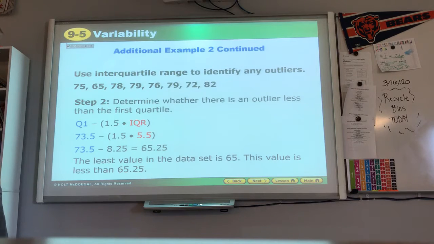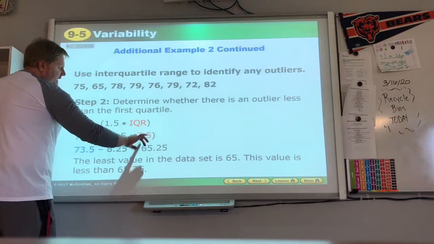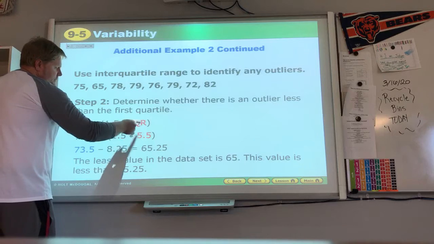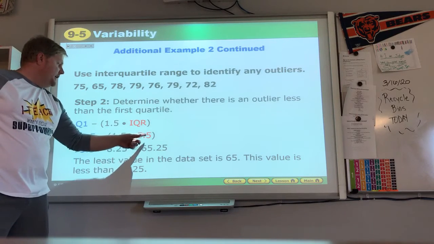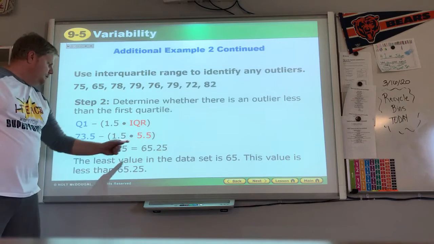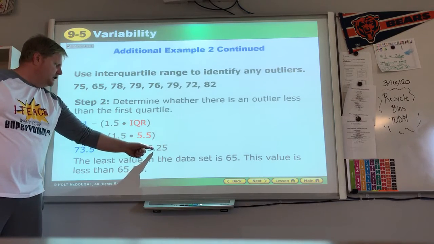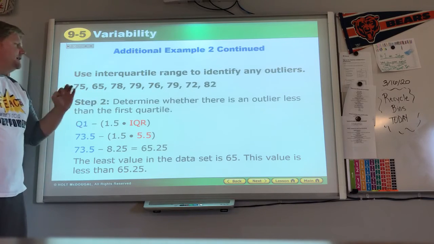So it is an outlier because it's too much different. 1.5 is the number they give you. 5.5 is what we saw the interquartile range being, the distance between them. If you multiply 1.5 by that interquartile range, you get a number. You subtract that number. 65.25 is the lowest without being an outlier. We have 65. It is an outlier.